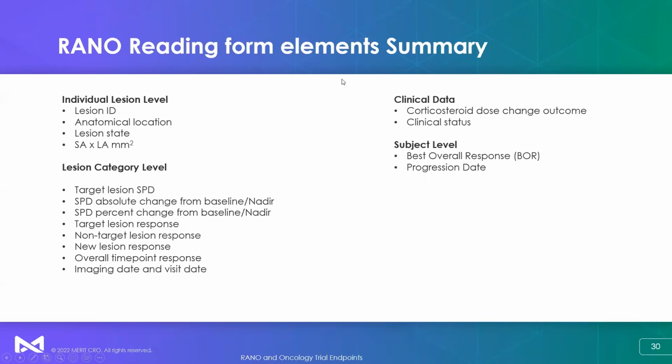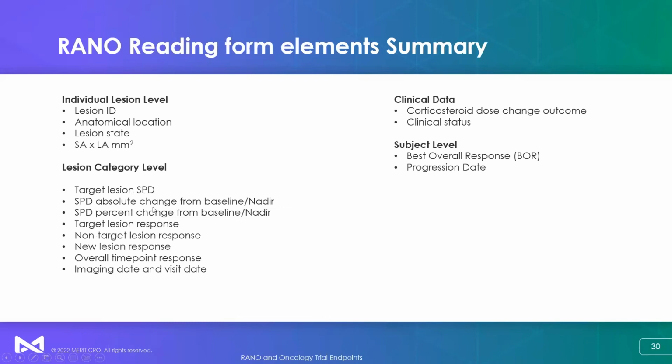This is also a quick summary of the RANO reading form elements, which we have already discussed in individual slides. At the individual lesion level, we always record the lesion ID, annotations, anatomical location, lesion state, and the actual measurement of the short axis, long axis, and the calculations. At the lesion category level, for target lesions, the sum of the product of the diameters.